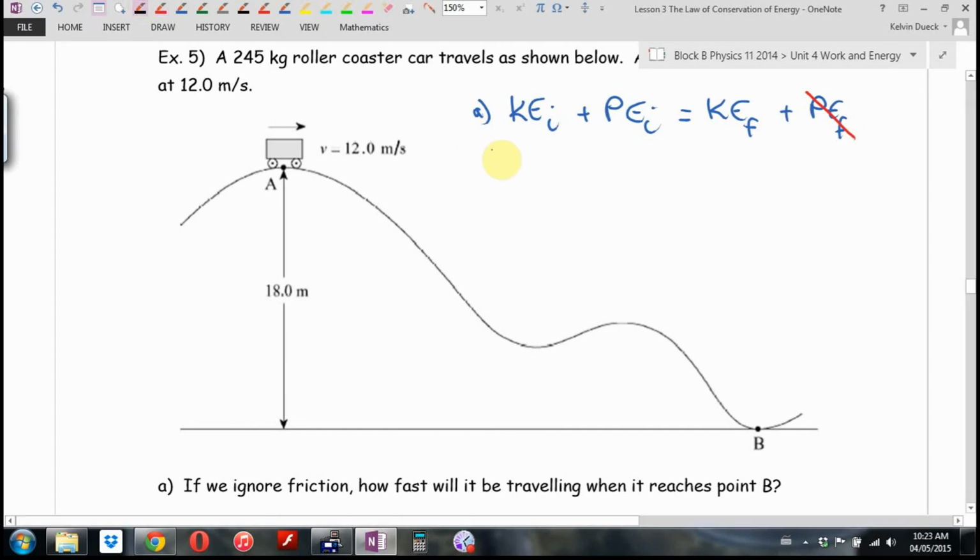This is going to be a half m v initial squared plus m g h initial equals a half m v final squared. Is that right? Oh, h initial. Thank you, thank you, thank you. Candy for Carson. You're right.